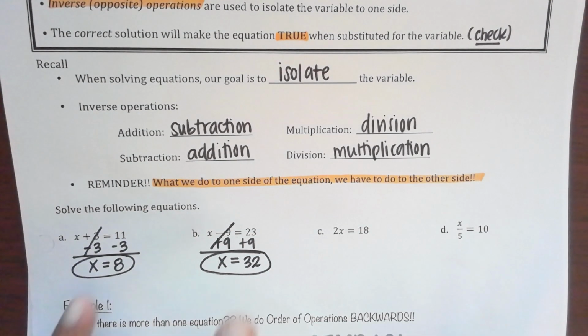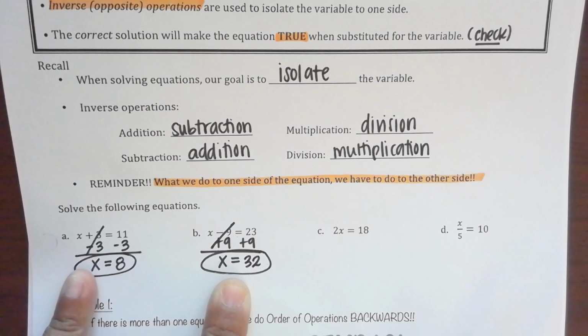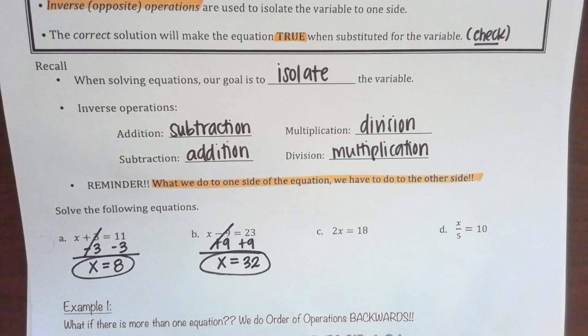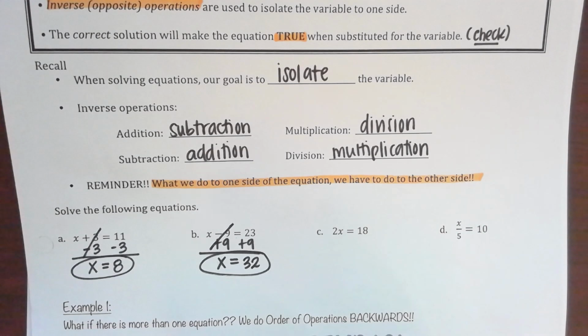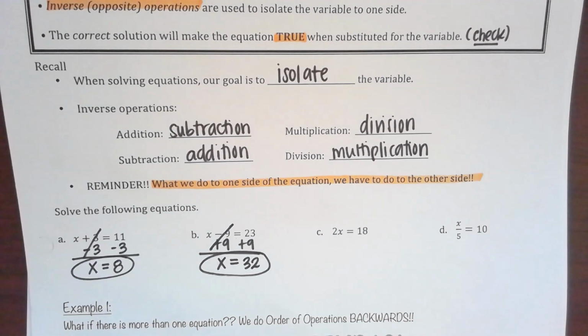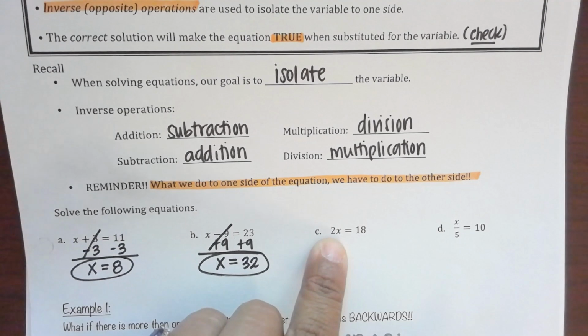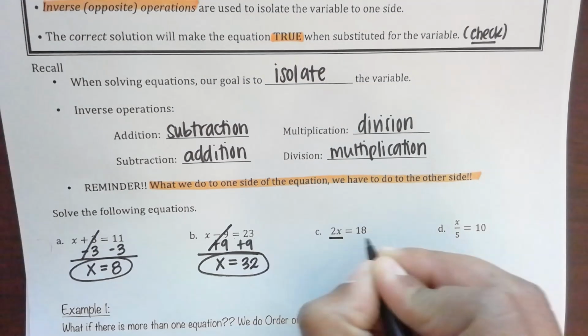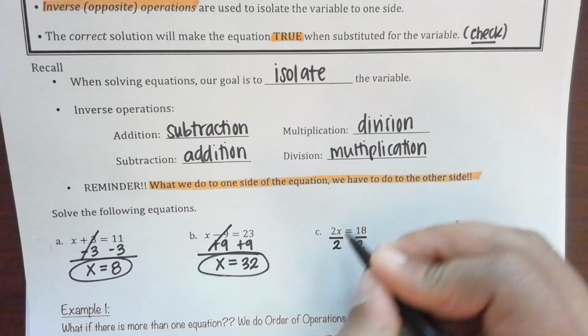Great job. Any questions on the addition and subtraction cases? All right, I have 2x equals 18. What operation's happening here? Multiplication by 2. So how do I get rid of multiplication by 2? Dividing by 2.